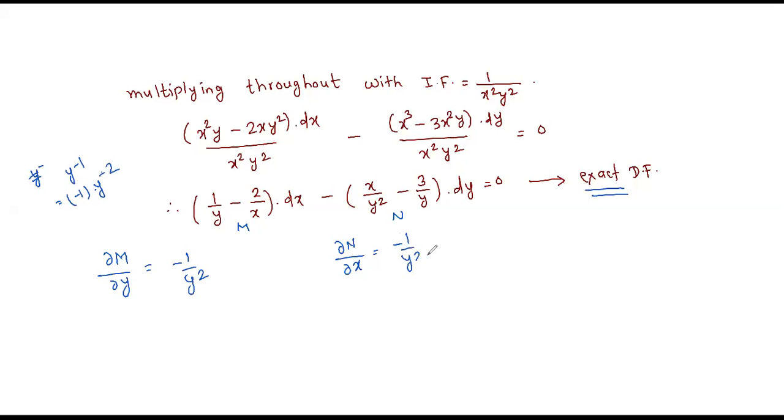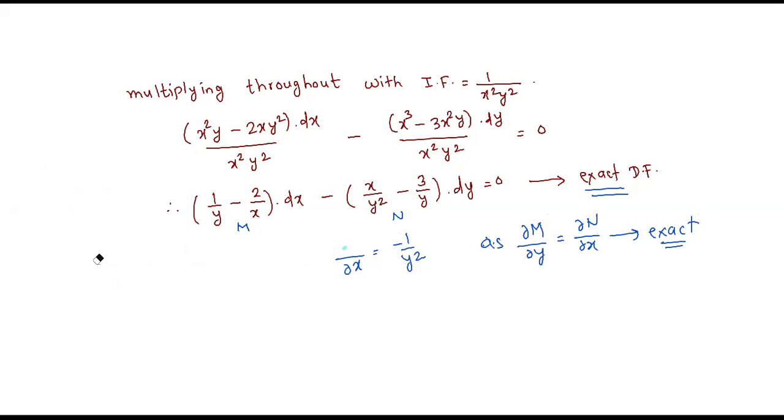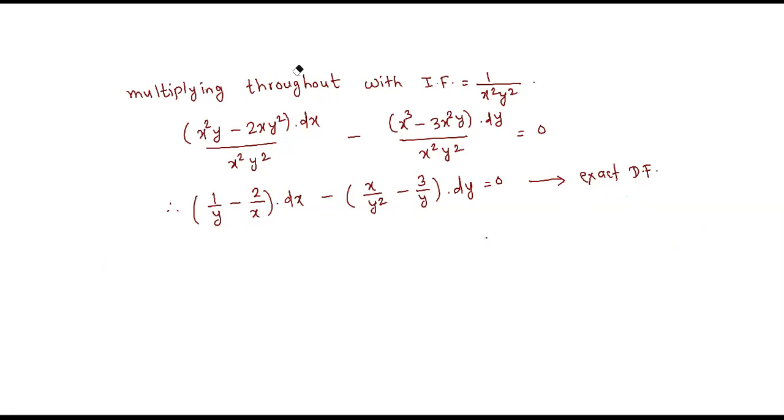Minus 1 upon y square. So as del m upon del y is equal to del n upon del x, what result are you getting? It's exact. Okay, so there is no need to check. Definitely you will get an exact differential equation only after you multiply it with the integrating factor. Okay, so is it clear?